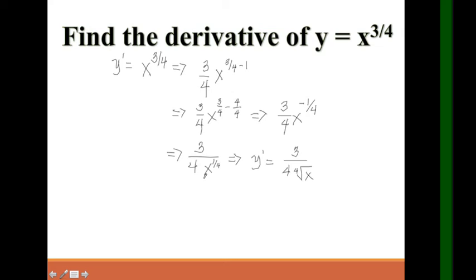If you still remember the rules in radical expressions, x raised to 1/4 is equal to the fourth root of x. The 4 becomes the index, and the 1 on top becomes the exponent of x. That's why. So, this is our final answer for this particular example.